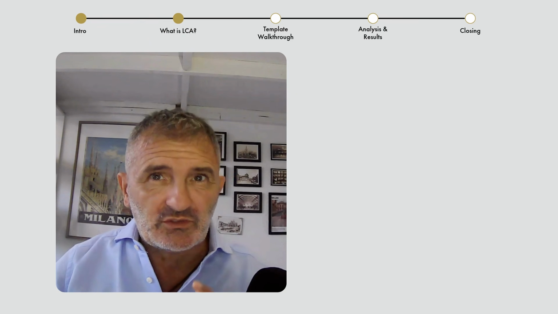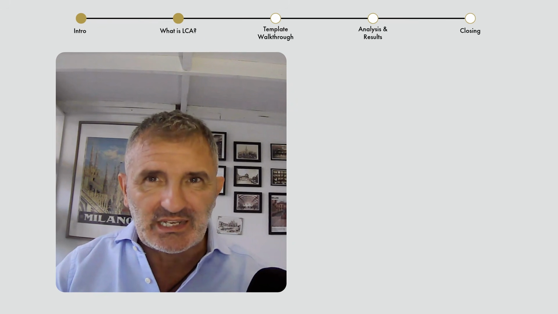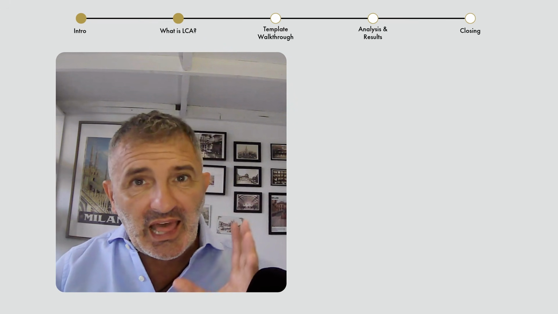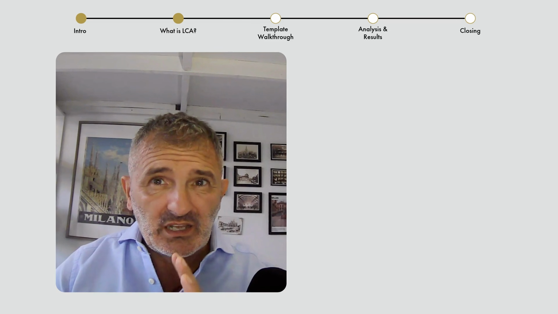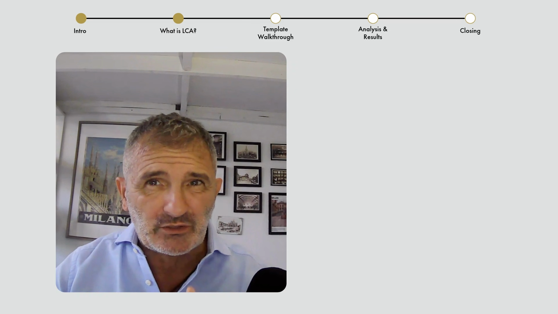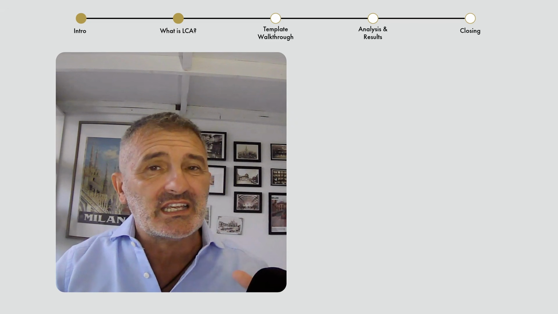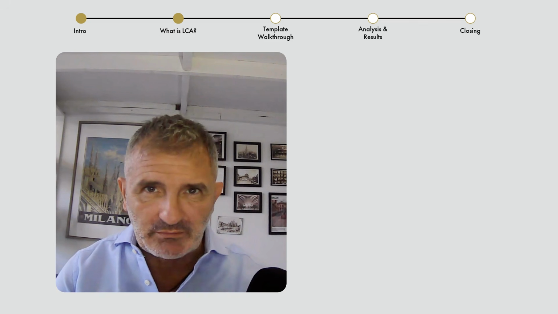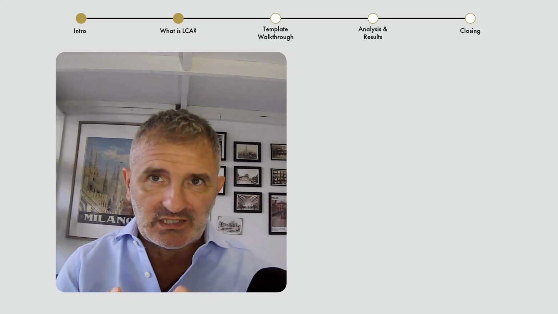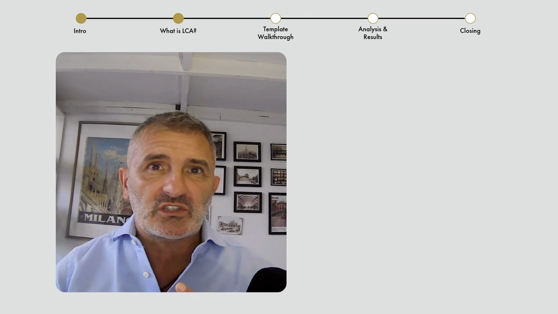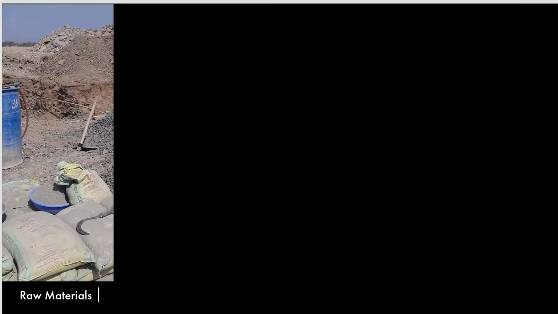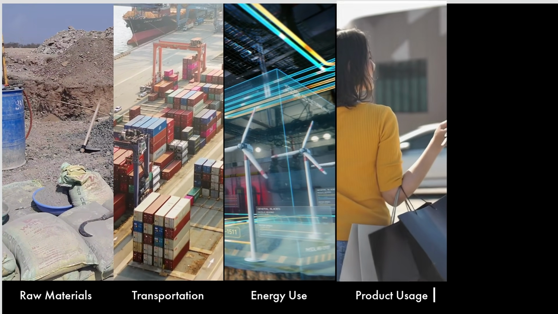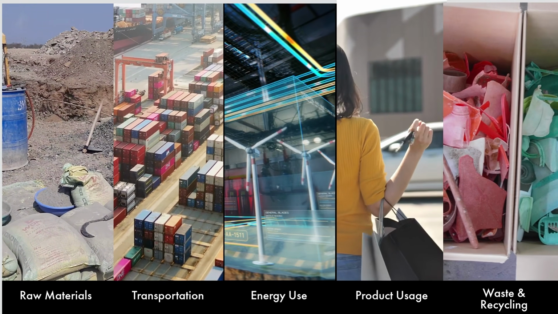Before we jump into the template, let's quickly understand what an LCA actually is. A life cycle assessment looks at the environmental impact of something across its entire life cycle. So instead of only looking at manufacturing emissions, as an example, you also consider raw materials, transportation, energy use, product usage, waste and recycling.